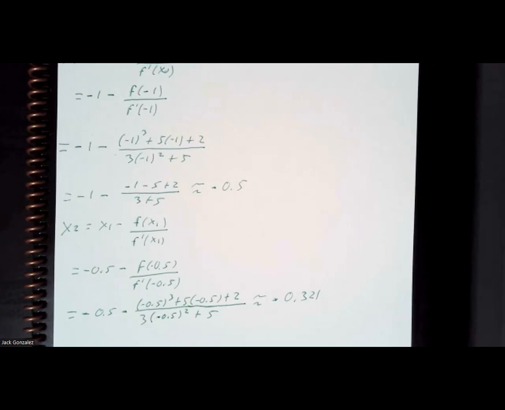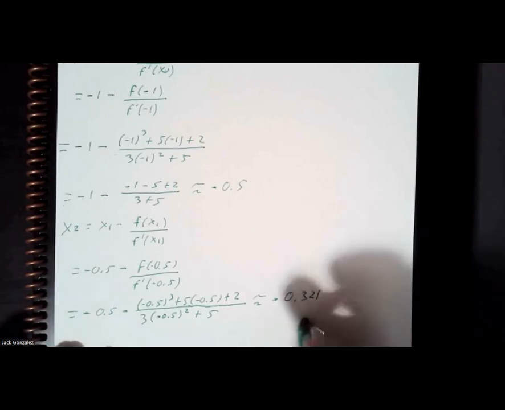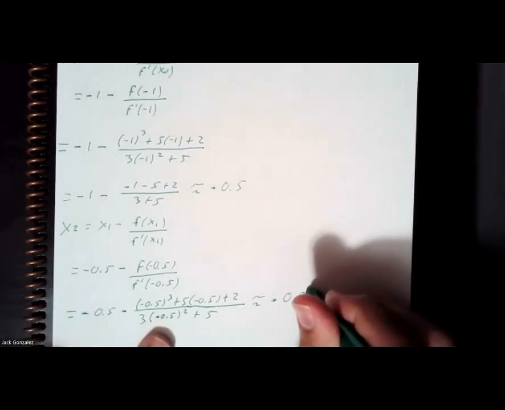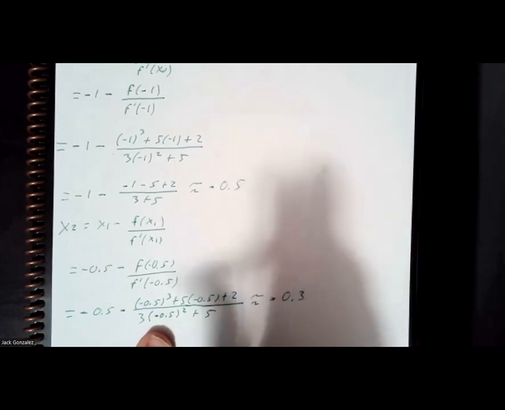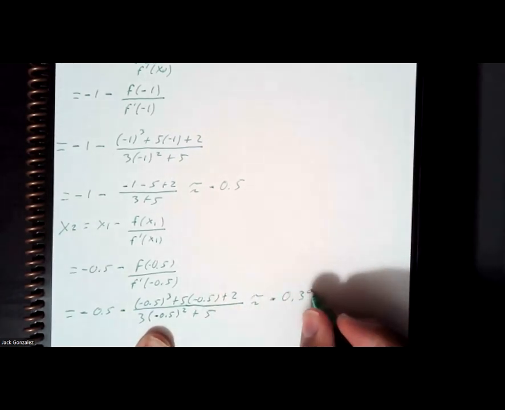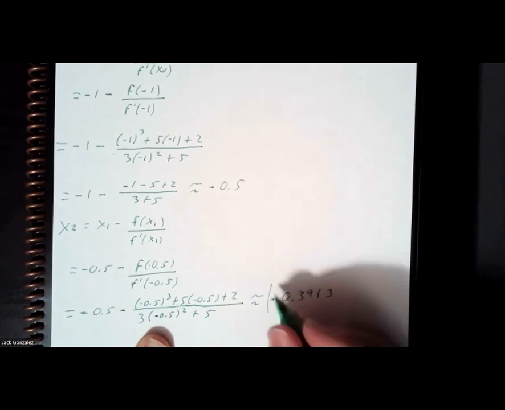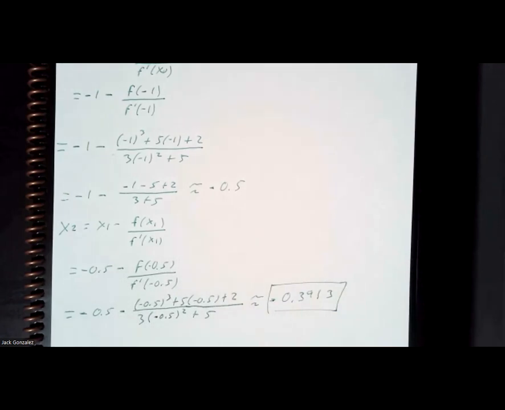Oh, I missed a power here. Ruh-roh. There we go. We have to square this guy at the bottom on the calculator. Yeah, this is it. So we're just using the formula twice. Looks good.